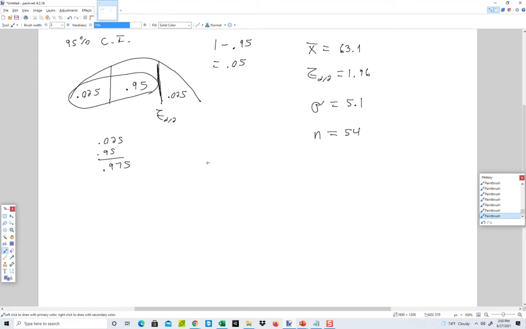Now I'm going to be using those formulas that I already mentioned to you. Lower bound is x bar minus the z alpha divided by 2 times sigma divided by square root of n. X bar is 63.1 minus z, which is 1.96, times sigma, which is 5.1, divided by the square root of n, which is square root of 54.